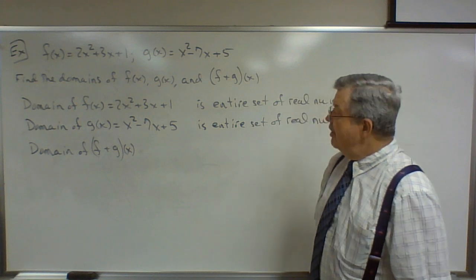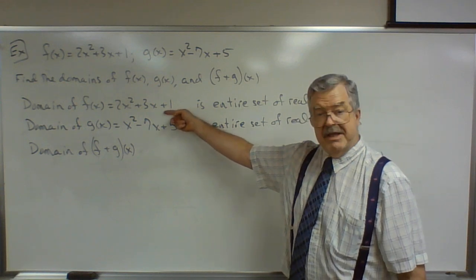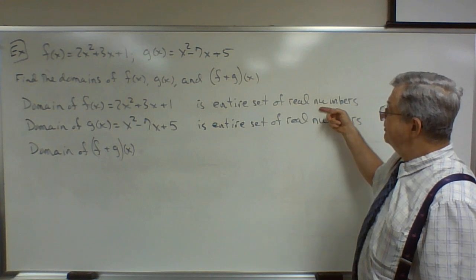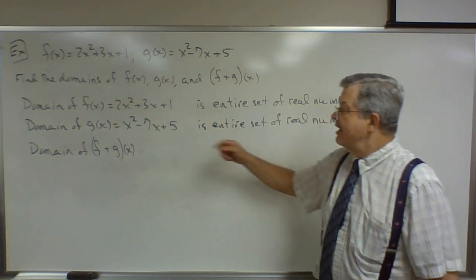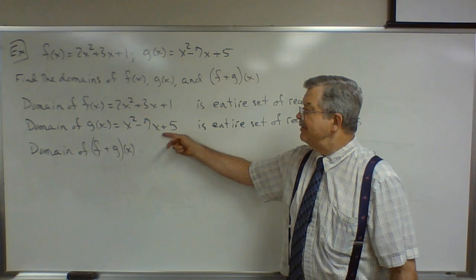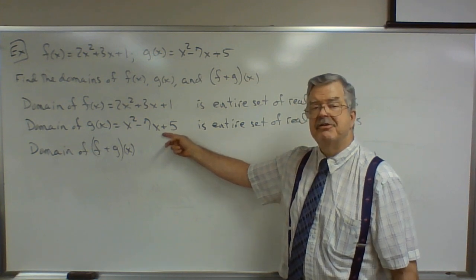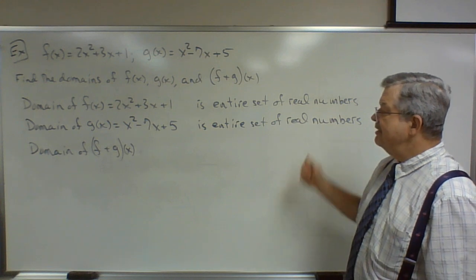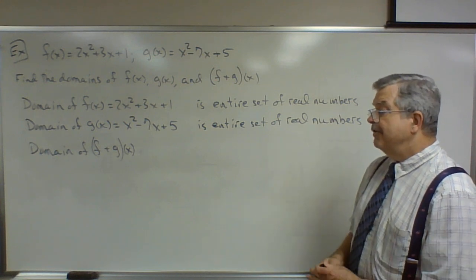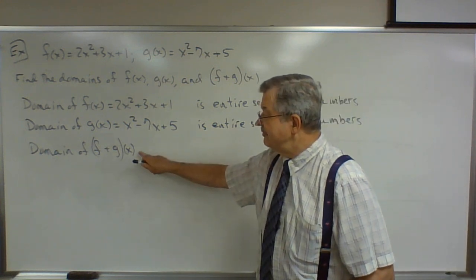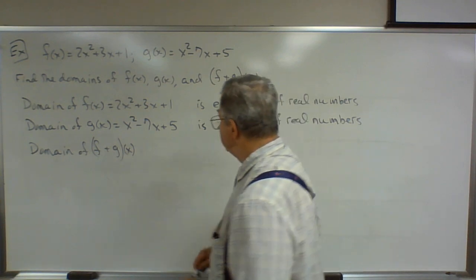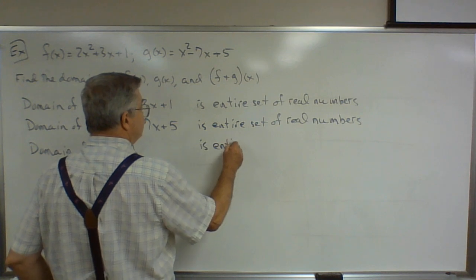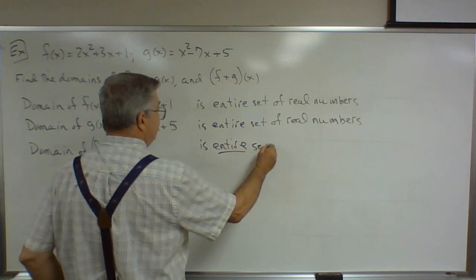Well, there are no real numbers that fail to be in the domain of f of x. The domain of f of x is the entire set of real numbers. There's no x values that fail to be in the domain of g of x. The domain of g of x is the entire set of real numbers. So the domain of this sum function, f plus g evaluated at x, is the entire set of real numbers.